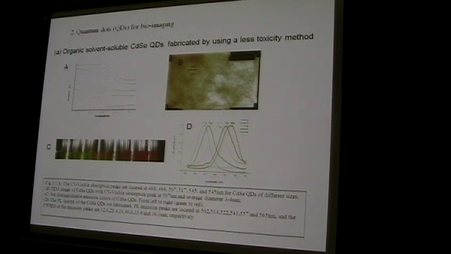And another nanoparticle we use a lot is the quantum dots, and I presume some of you are already familiar with quantum dots. Depending on the size of the quantum dots, these are semiconductor nanoparticles, a few nanometers in diameter, and they will give different colors of emission.